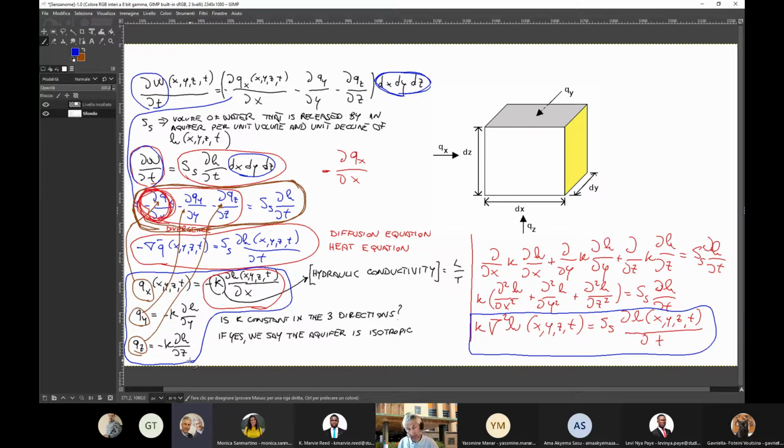Because if I can describe how water moves in the underground, I can describe what happens when I take water from a well. I can describe the replenishment of the aquifer.